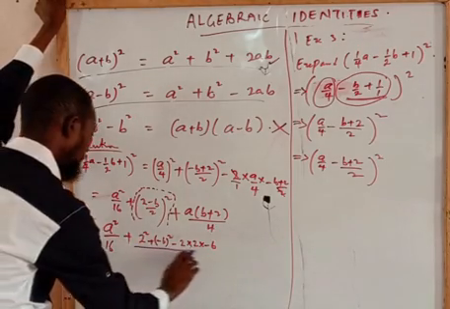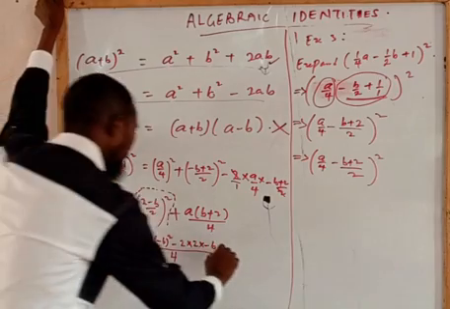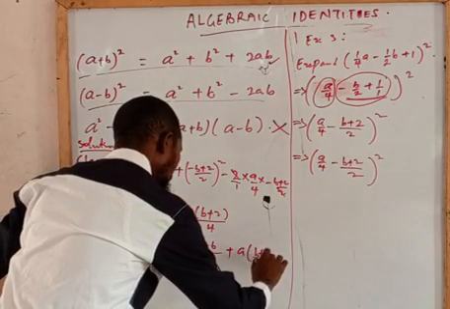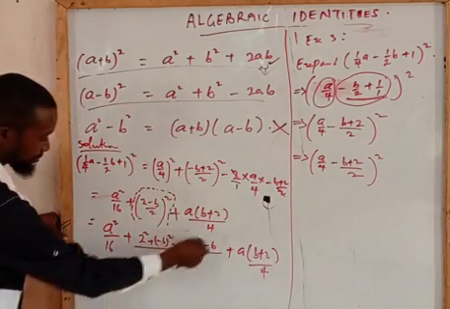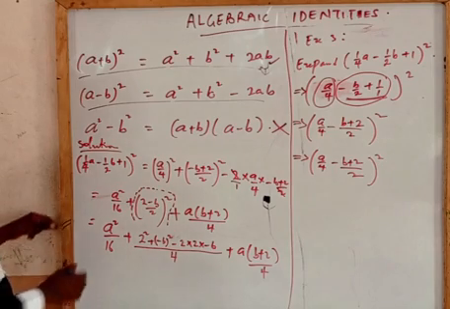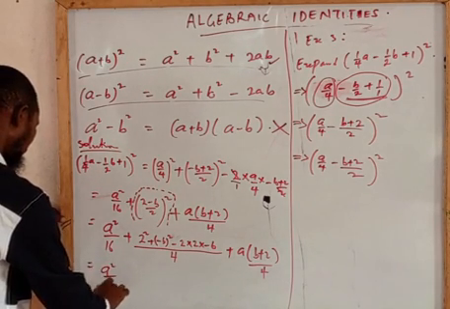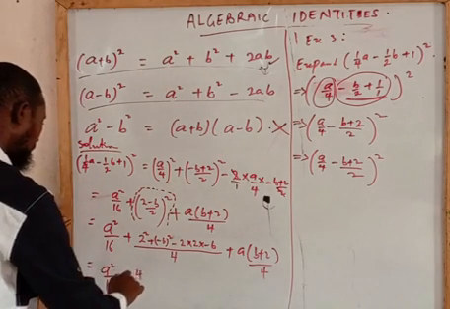Then everything over 2 squared, which gives 4. We can now say plus a into b plus 2 over 4. So we only need to simplify this middle expression and arrive at the final answer. So this gives a squared over 16, plus 2 squared here gives 4.